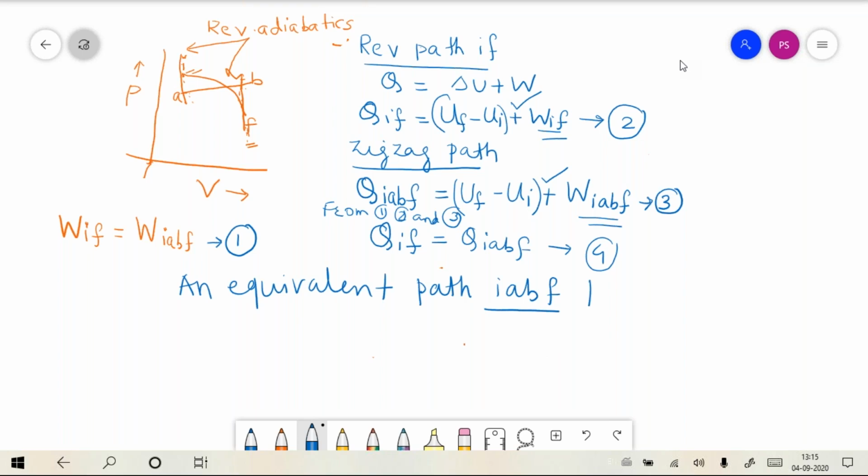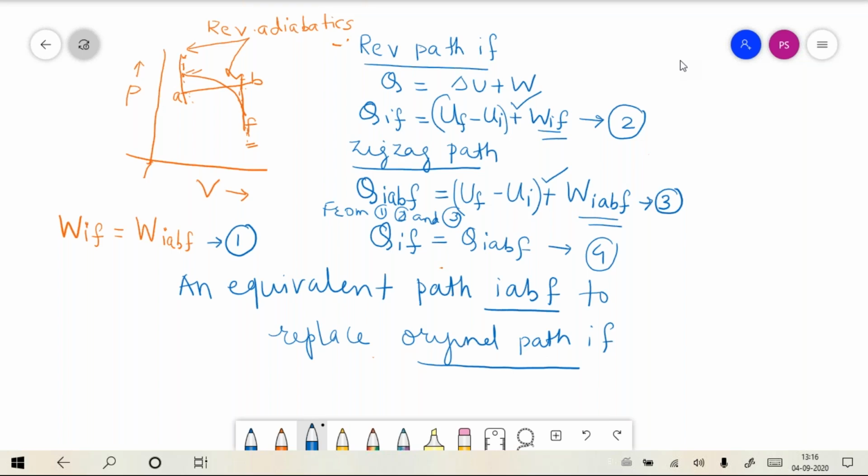It can replace the original reversible path IF. We can have a particular equivalent path which can replace the original path. And what is that equivalent path?